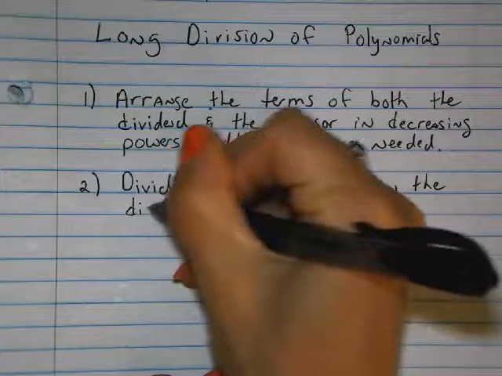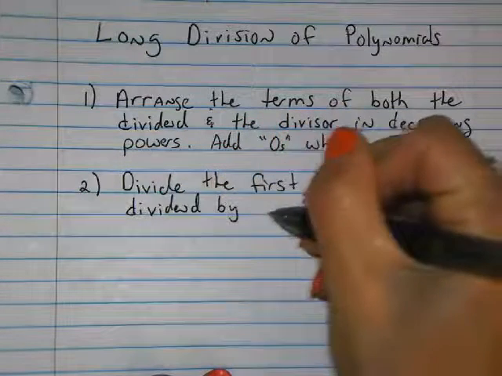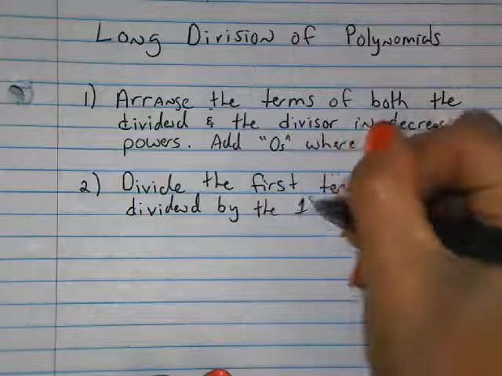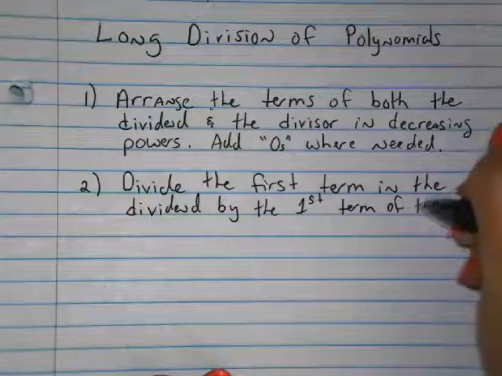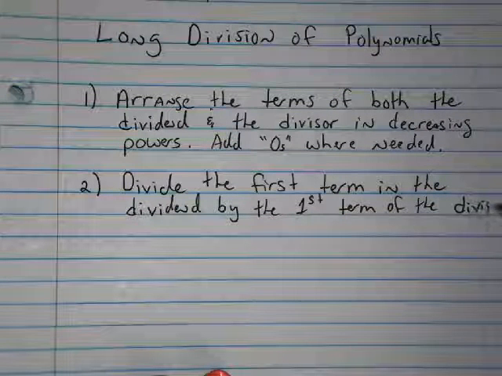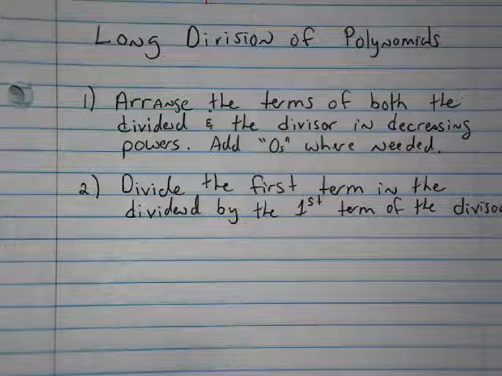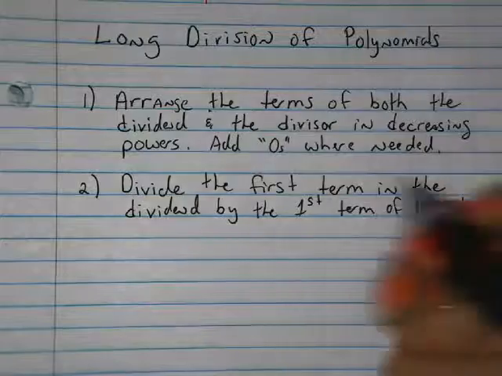The dividend is the number under the bar, in case you don't remember that, by the first term of the divisor. The divisor is the one that's outside. So if you look at that first example we did, 6 is the divisor, 5,248 is the dividend.